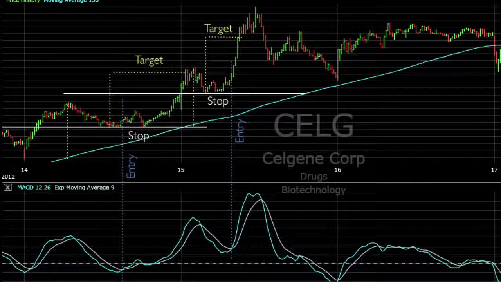Here's a little comment as well. You notice this pullback here, and this is where it takes experience and screen time, and just don't trade this. Like I mentioned, use a simulator, learn the system. You see how the price pulls back here, but this is not what I call a pullback. This is what I call a sell-off.